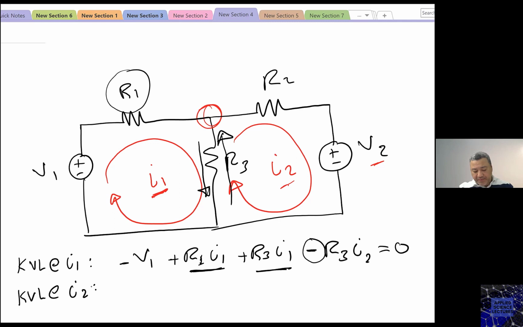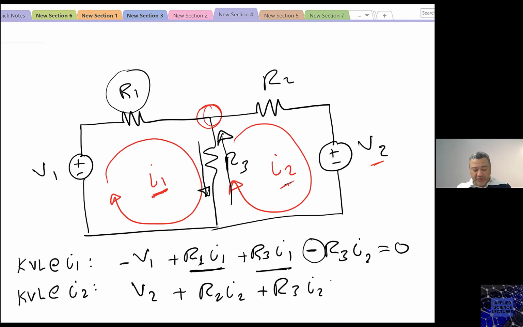So in this case, I can see that I2 is entering the positive, so I will write here, entering the positive, I write it as V2. And then right away, all the components that I2 is going through, I'll write them as positive. So I have here R2 I2 plus R3 I2.